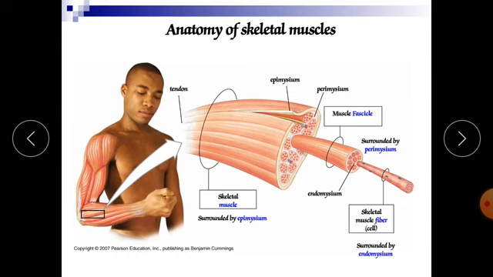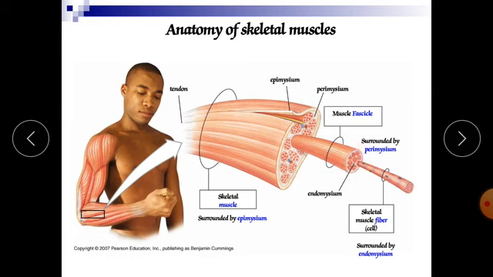Now after the perimysium, which surrounds these fascicles, there is the endomysium, which is the internal part of the muscle.